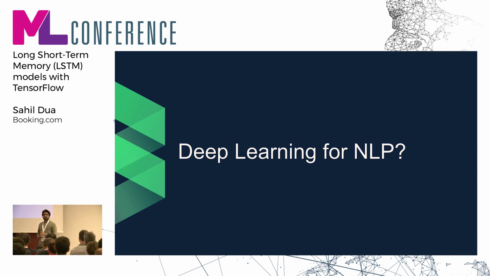So natural language processing has been there for quite a while now. Why is deep learning important? Why is deep learning suddenly helping the problems in natural language processing? So in the pre-deep learning era, we have had a lot of success with the natural language processing tasks, and most of the time was spent in the feature engineering, which means you're trying to come up with some features.